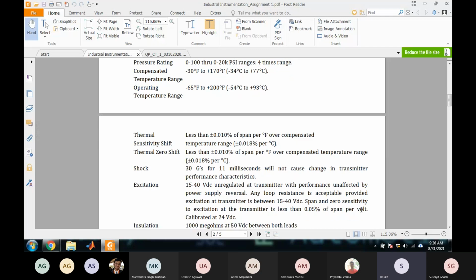Temperature is clearly a modifying and an interfering input because there is a sensitivity shift and a zero shift mentioned. But there is another such input, which is the excitation. See the excitation property.